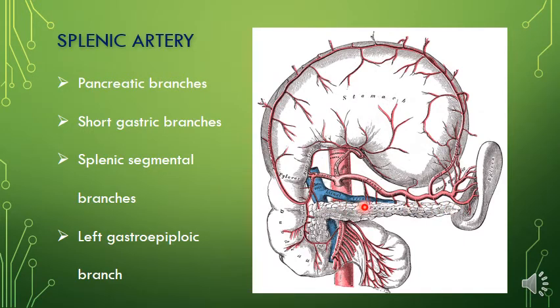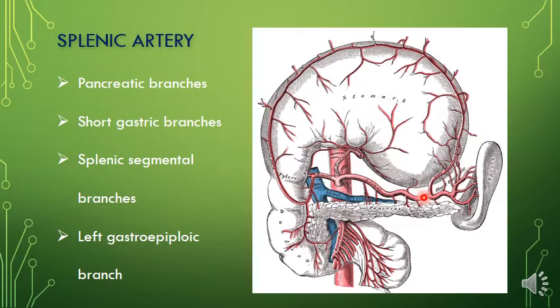So along the upper border of the body and tail, the artery is passing towards the left side. In its course, it crosses in front of the left crus of the diaphragm, which is not seen here, and left psoas major and sympathetic trunk, left suprarenal gland, and anterior surface of the left kidney.